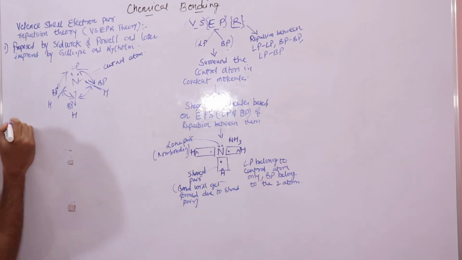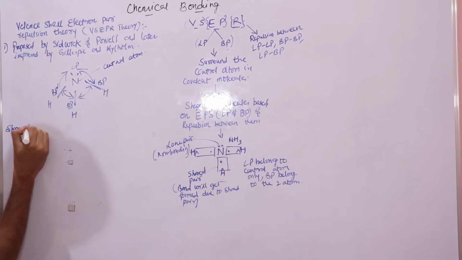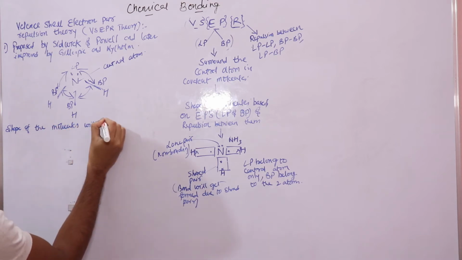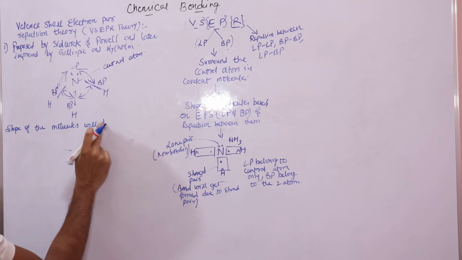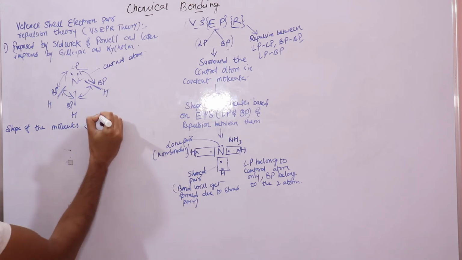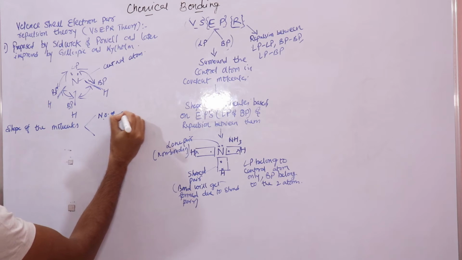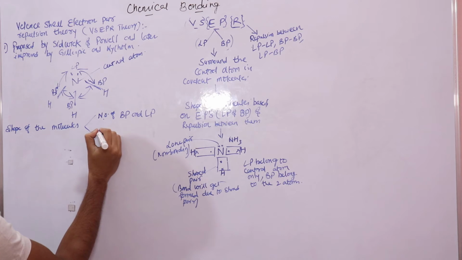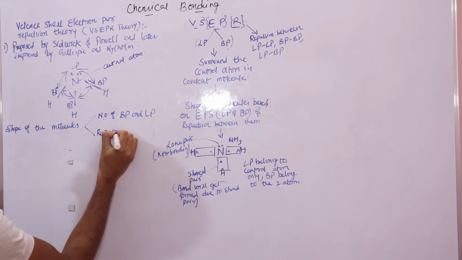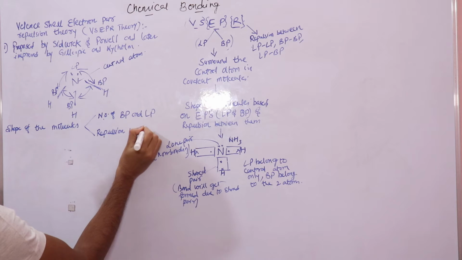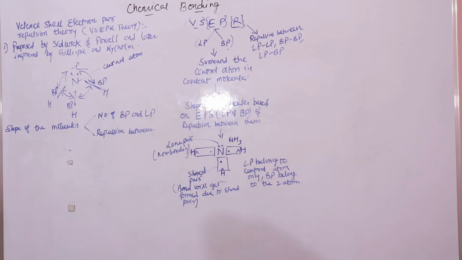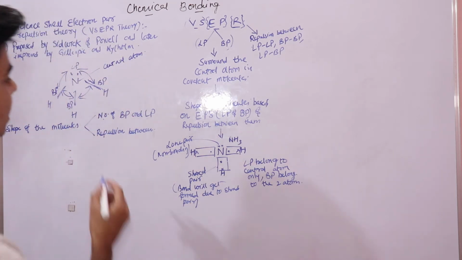So the shape of the molecules will depend on the number of bond pairs of electrons and lone pairs of electrons, and the repulsion between them.